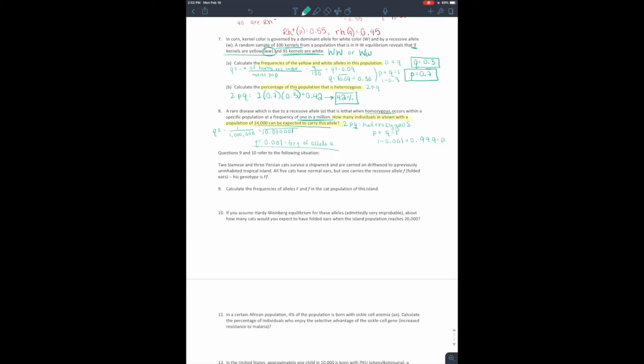Let's not add an additional step because let's do it all at once. To calculate the number of individuals, I need to do 2PQ times the number in the population.